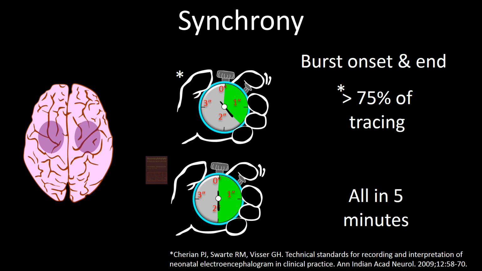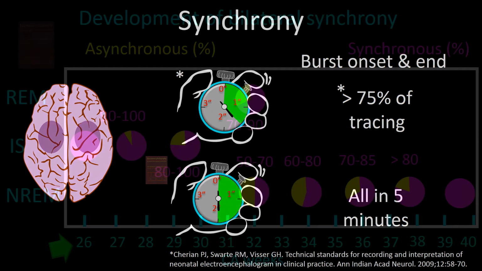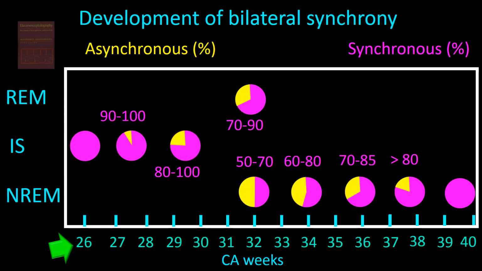Another way is to choose 5 minutes of discontinuous background and see if the bursts from both hemispheres start and end within 2 seconds of each other. This figure represents the degree of synchrony and asynchrony using the latter criteria at different conceptual ages.